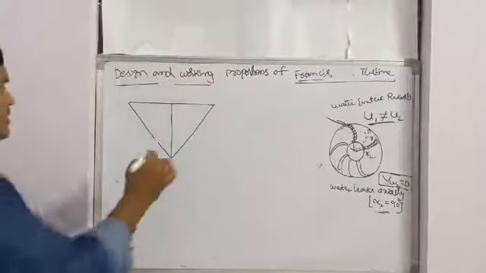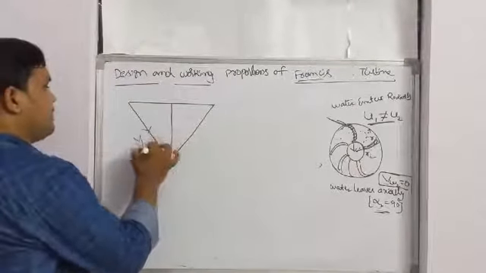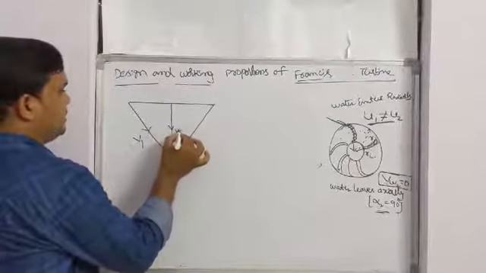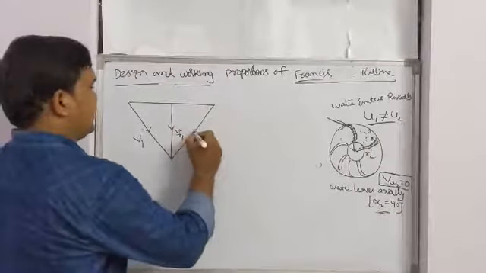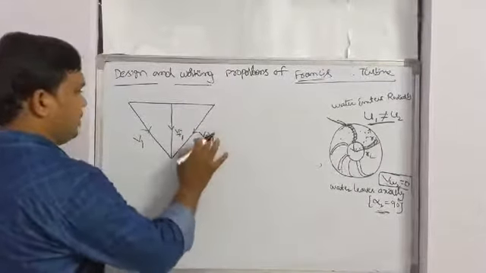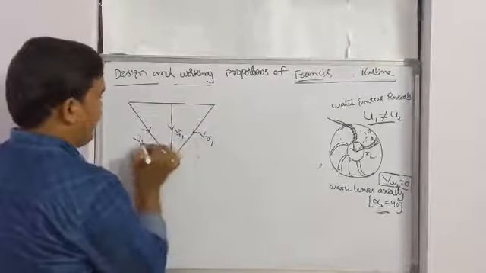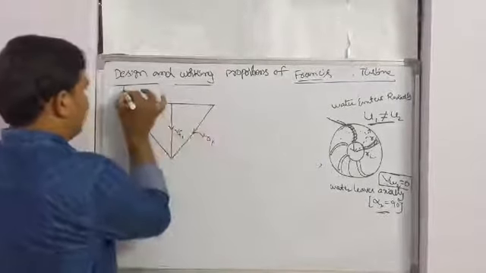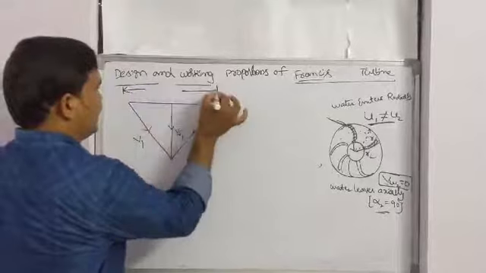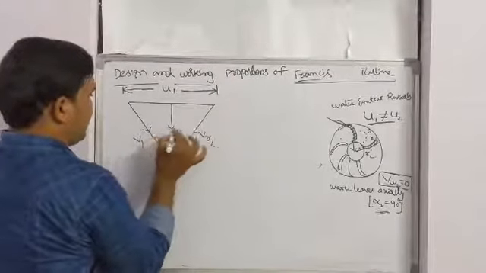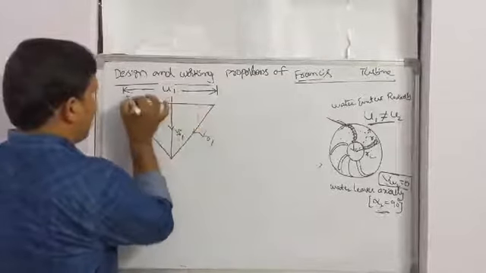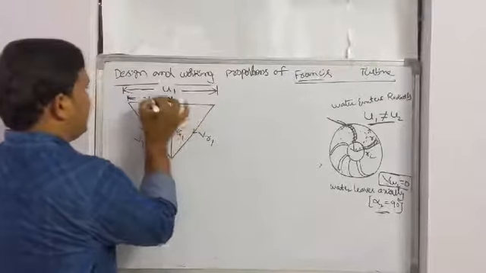This is V1, this is Vf1, the flow velocity component, and this is the relative velocity Vr1. The total length is U1. For the absolute velocity, the vertical component is Vf1 and the horizontal component is Vw1.